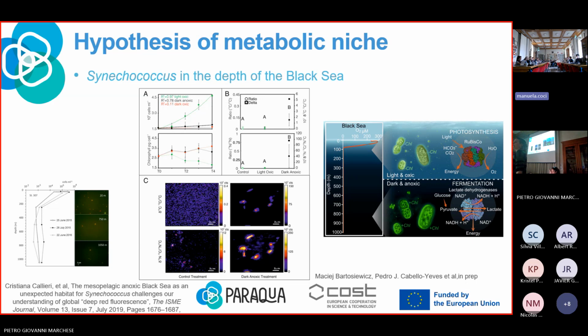So when you keep them in the dark, these cyanobacteria that usually have an autotrophic lifestyle and like to be in the light, they can ferment and they can live without light. And then we came up with the whole pathway suggesting which kind of fermentation they do, pyruvate and lactate fermentation. And this was thanks to the hypothesis that we made based on the genome of this bacteria.